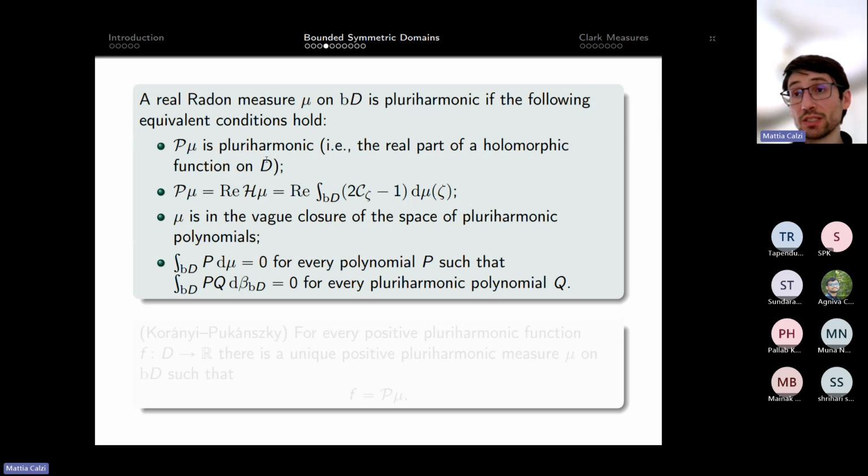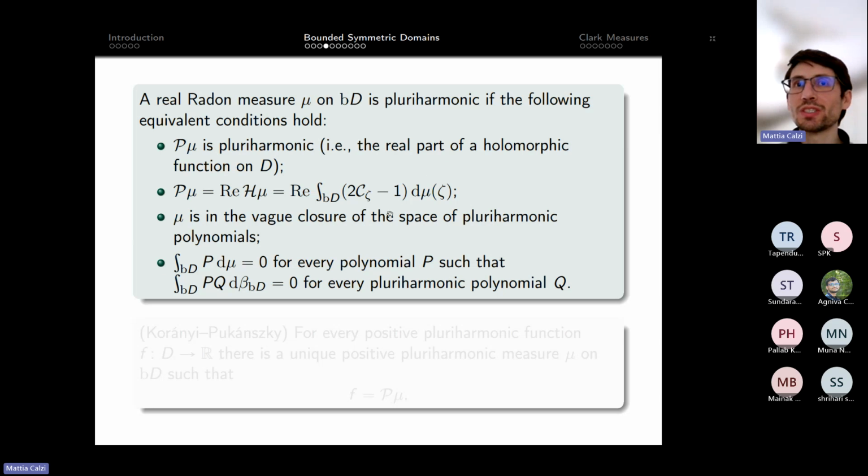But since this domain is convex, this means that these are globally the real part of some holomorphic functions. And this is an extension of this concept to measures on the Shilov boundary related to the action of this Poisson-Szegő integral. So a measure is said to be pluriharmonic if its Poisson-Szegő integral is pluriharmonic, which is the same as saying that it is a real part of some analog of the Herglotz integral.